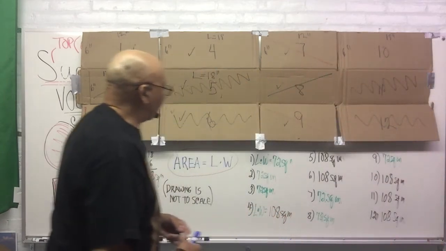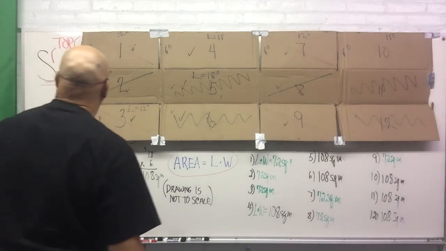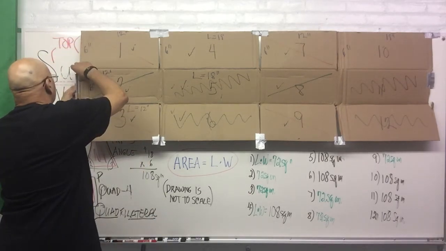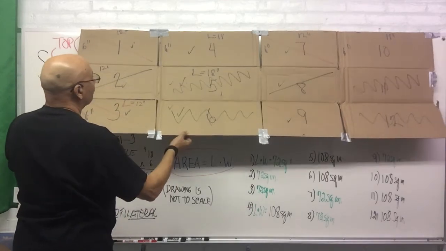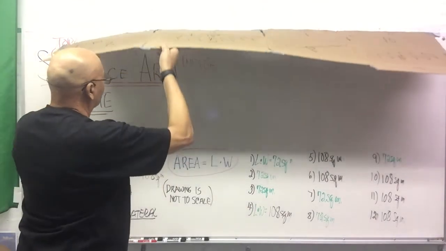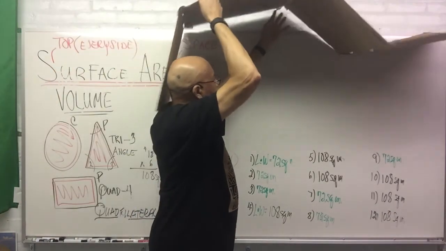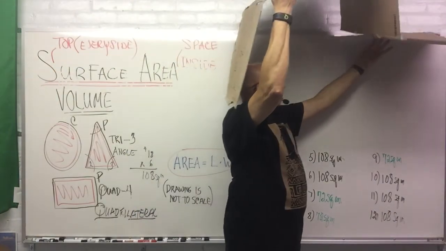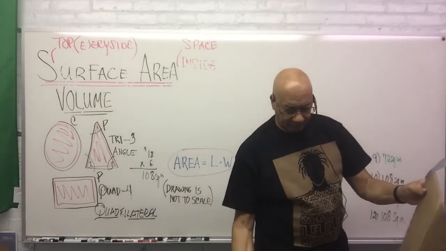So now I have all 12 of my pieces, and I can now take this down because I have all the dimensions, so I don't really need this anymore. So I'll take this off, and our demonstration will be finished.